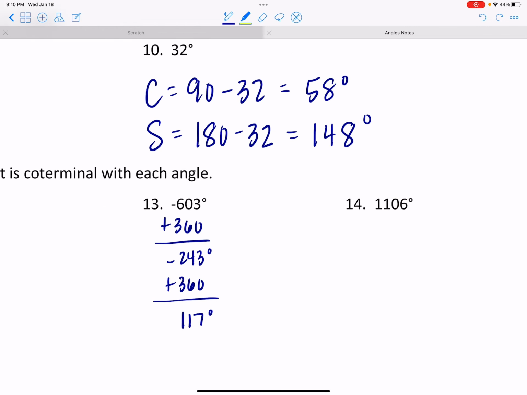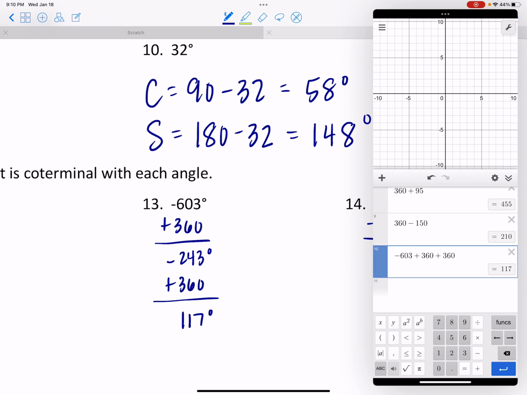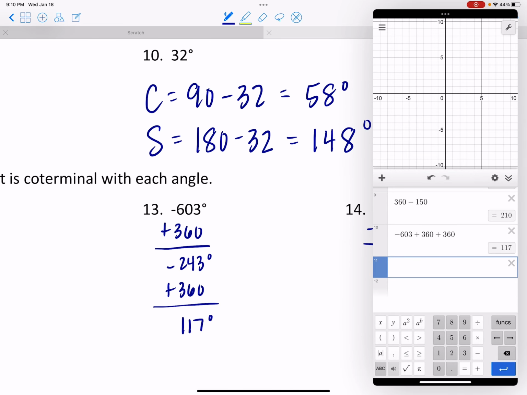And then one more. So we already have a positive angle here, but I'm looking for a small positive angle that's going to be coterminal. So this time, I'm going to subtract out multiples of 360 to find out what's the smallest angle that's going to start and stop in the same spot. So let's subtract out the rotation because there are already so many here. So this was 1106.